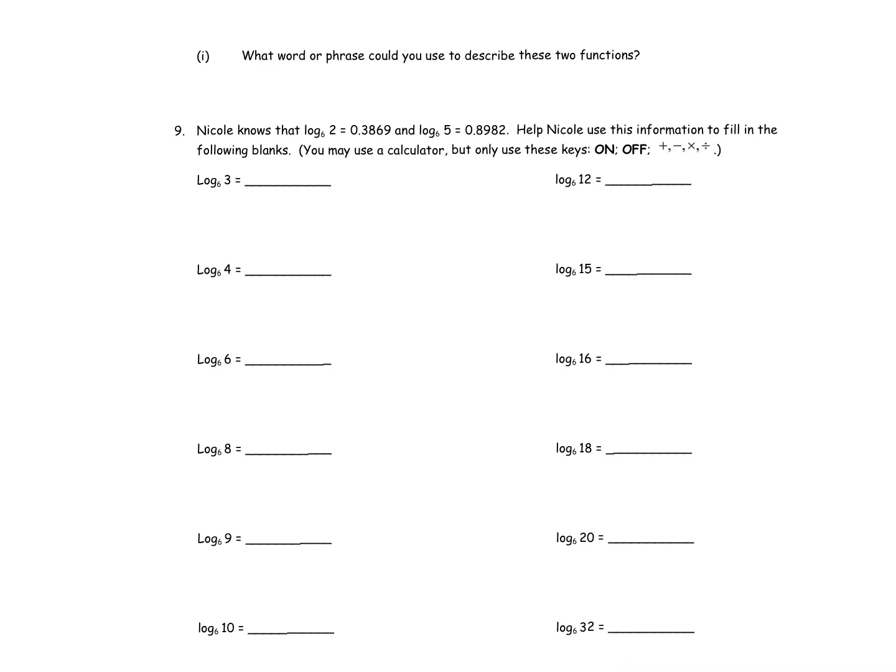For the first one, we know then that 6 to the 0.3869 equals 2, changing it from log to exponential form. The same is true for the other one, 6 to the 0.8982 equals 5. And another thing we know about base 6 is 6 to the 1, of course, is 6. So we know that as well.